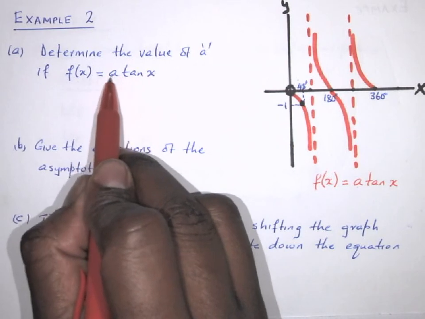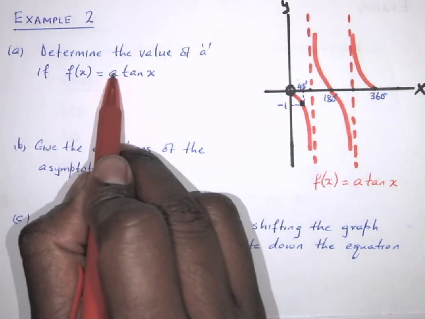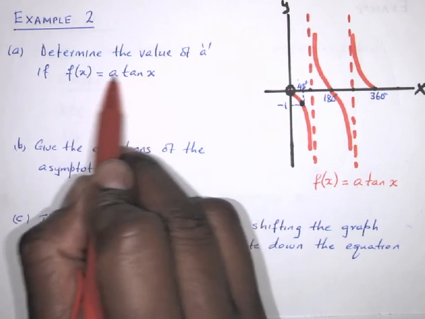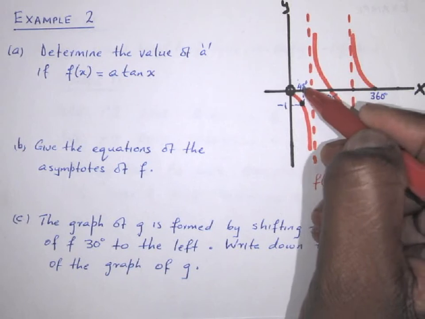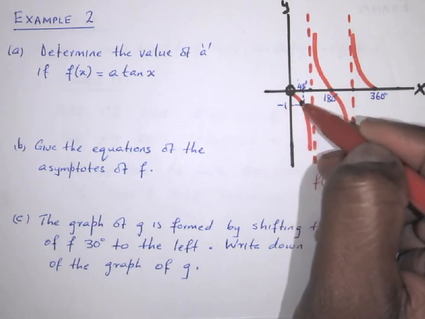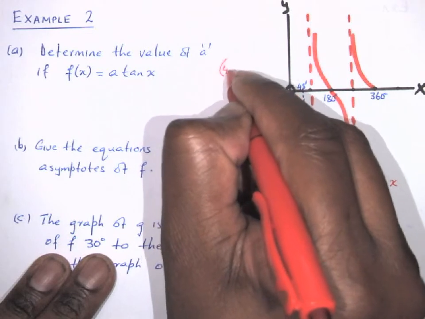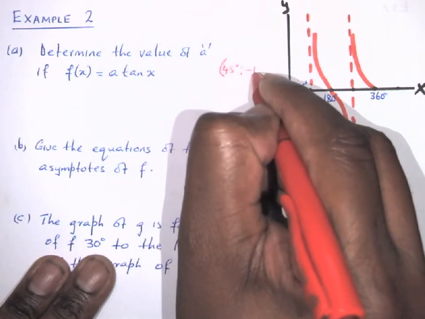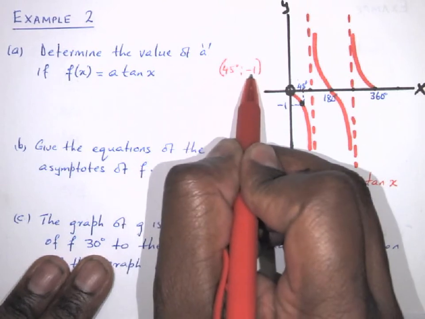To find the a value, I just need to substitute the point which lies on this graph. The point that we are given here is (45 degrees; -1). The x value is 45 and the y value is -1.